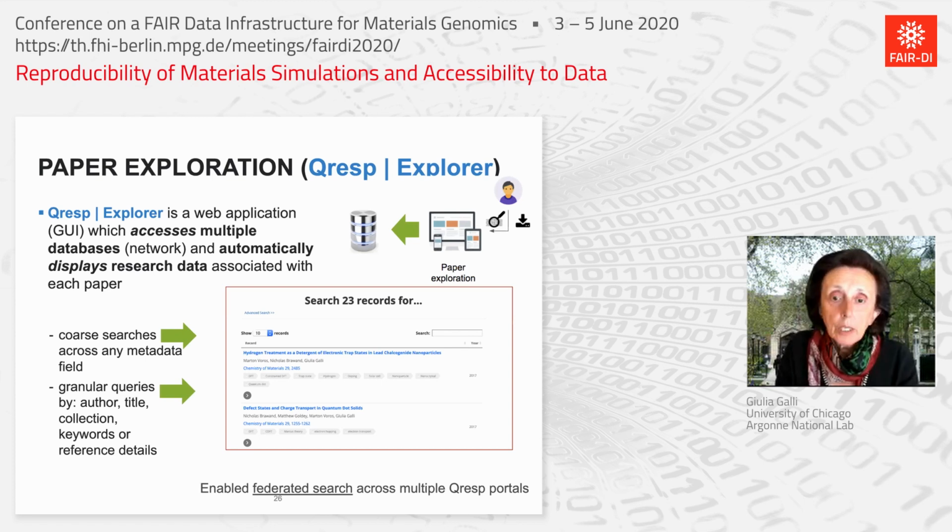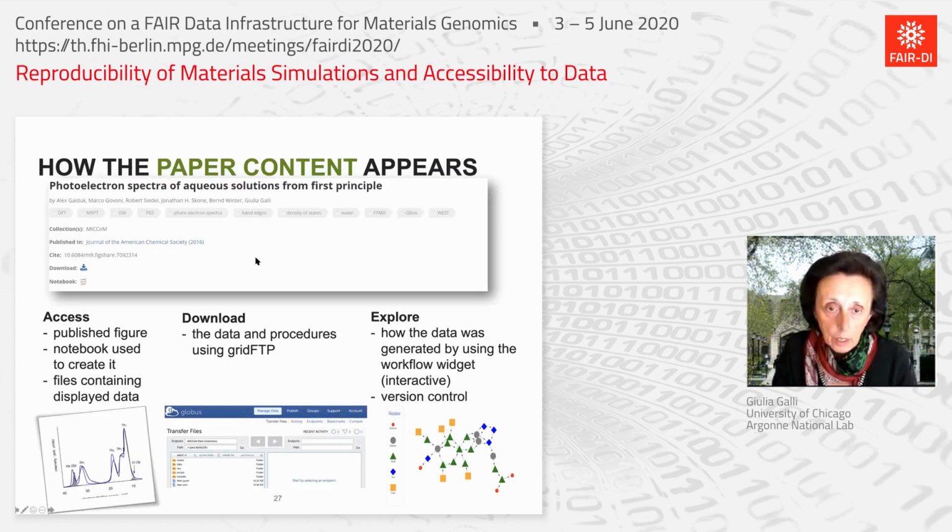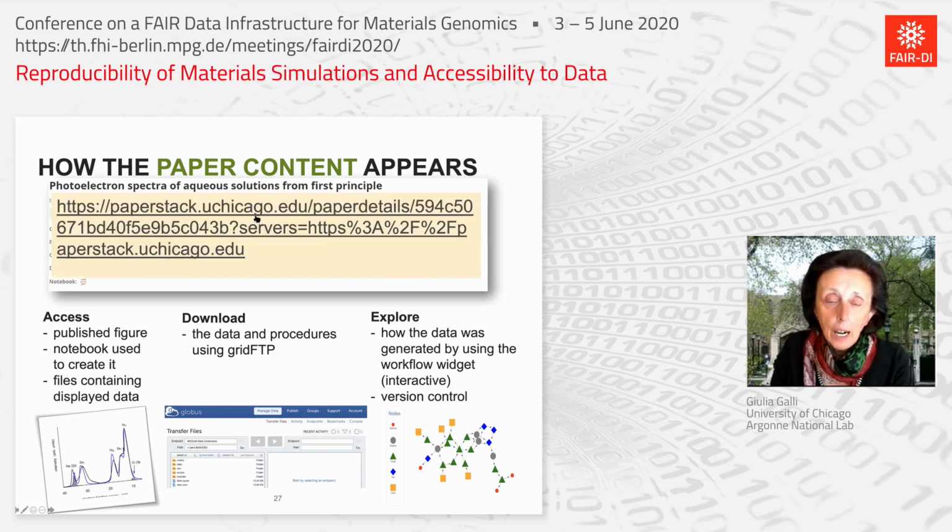And so let's look now at how a paper looks in the Explorer. A paper looks like a collection of figures, datasets, and workflows. So let's see how this looks, for example, for a specific paper.